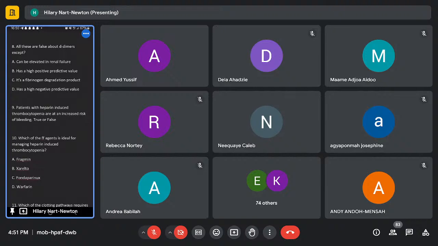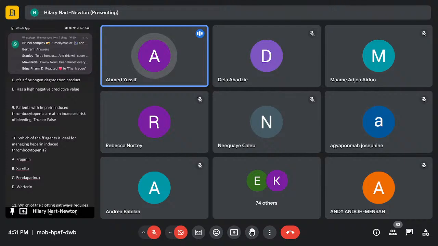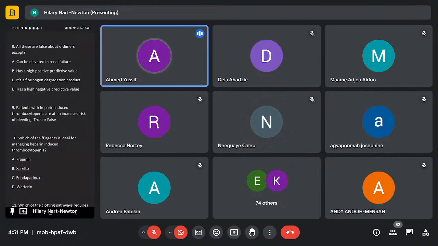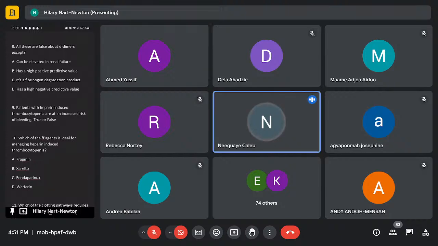Yes, please. But isn't it a degradation product of fibrinogen? No. It's fibrin degradation, not fibrinogen. Okay.